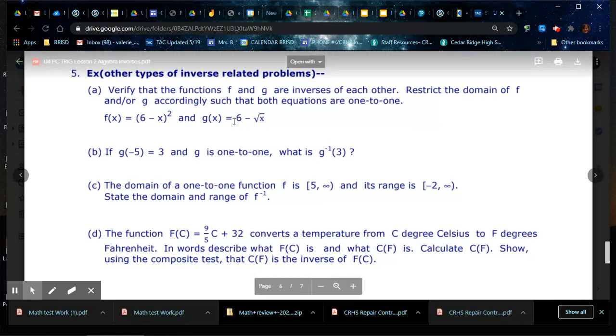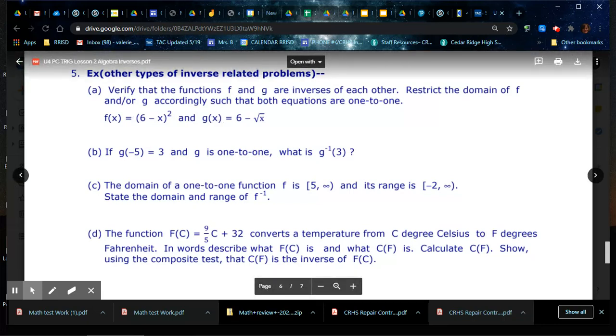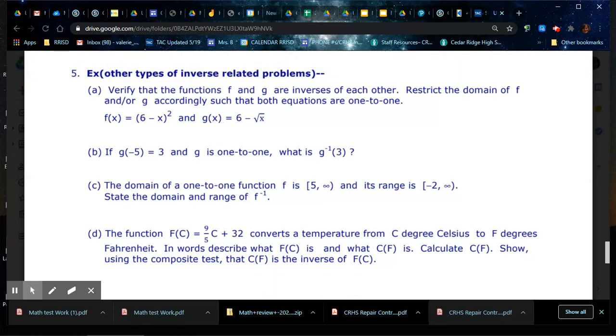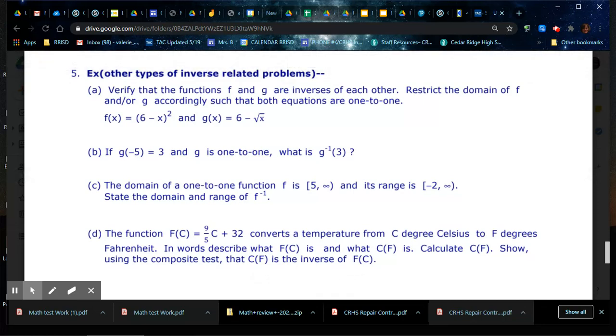You would just do a composition of functions, even though they're just called f and g. That's a good SAT question possibly, right? They just call it two functions f and g, but if you want to know if they're inverses, just do a composition and your answer should be x. So you can work this out on your own. The solutions are down below in the notes.